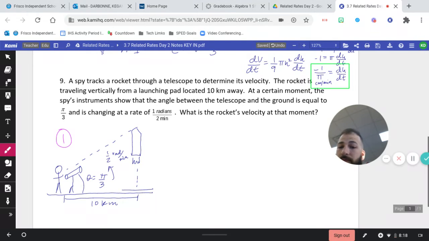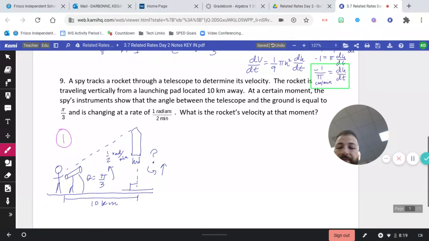Some key things to keep in mind for the rocket's velocity: which line of this right triangle represents the rocket's velocity? Well, it's going to be our vertical line, because it's the line the rocket is traveling along. So this is what I want to know: this line right here, what rate is it changing at?